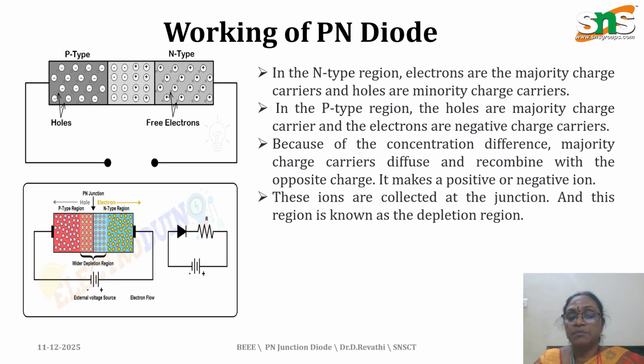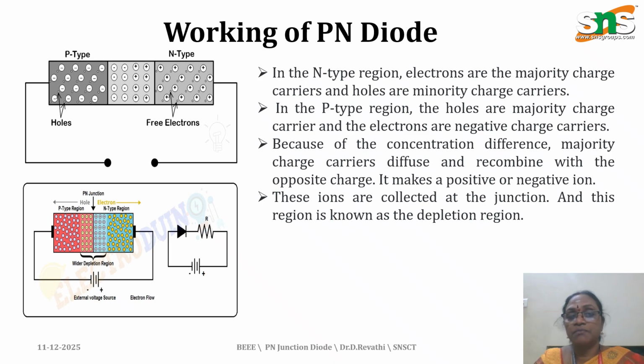Bias means we are applying an external voltage to the diode, and the external source is the battery. In the diagram, if the P-type material is connected to the N and N is connected to the P, we call it reverse bias.